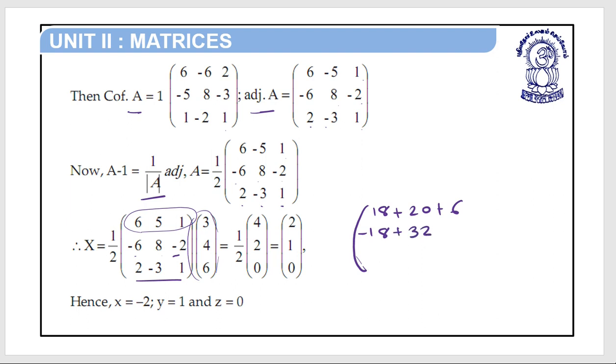4s are 32, minus 12, 2 into 3 6, minus 12 plus 1 6 are 6.